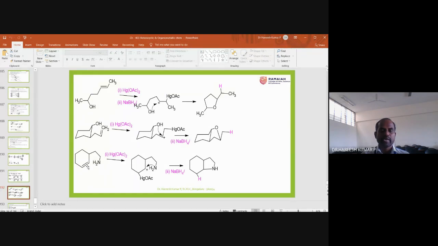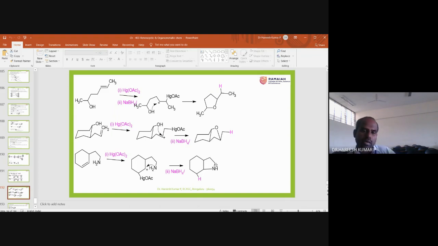There will be a new bond formation between this bond pair and this Hg. This Hg won't add to this carbon. It will add to this carbon because if it adds here, it will be hindered. That is the reason it will add here. A positive charge is formed here. That's what I have written. And the lone pair or the bond pair will form a bond over here. That is how a heterocyclic compound is obtained.